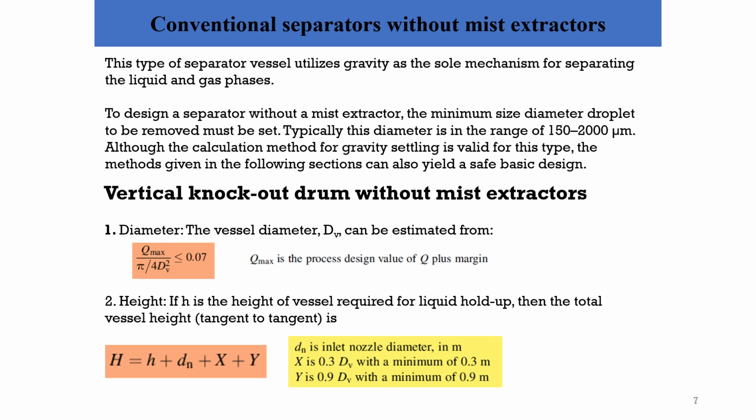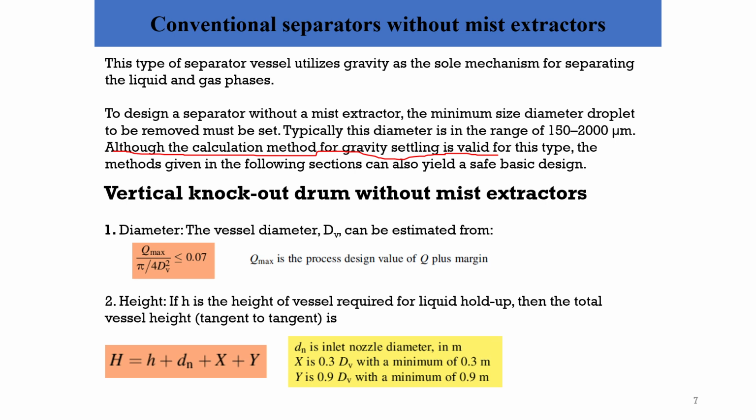This means that you will not need to use the mist because you have a droplet diameter greater than 150 up to 2000 or 3000 micrometer, which means that I can simply use the calculation method that I used before for the gravity settling at the beginning of the chapter.